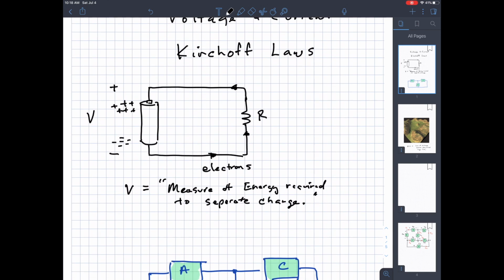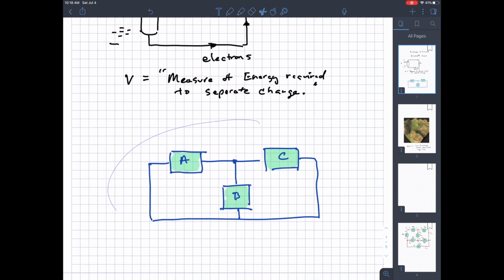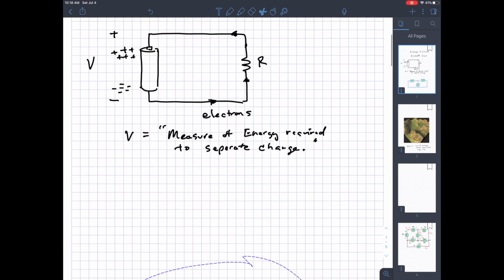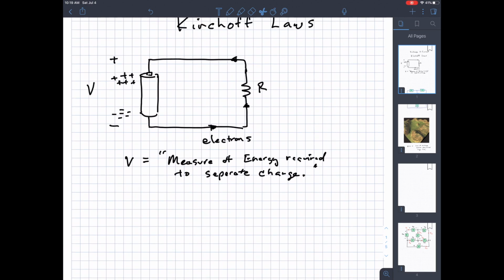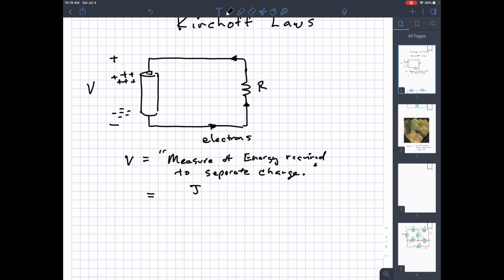The units for that, one good thing about electrical circuits is the units are consistently SI. There's no English version of this, so it's really easy. There's not a lot of unit conversions that need to happen. So the units are energy, in joules, required to separate charge. So joules per coulomb is the unit we use for voltage.